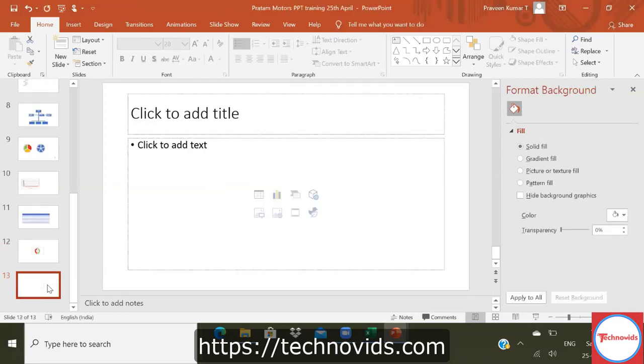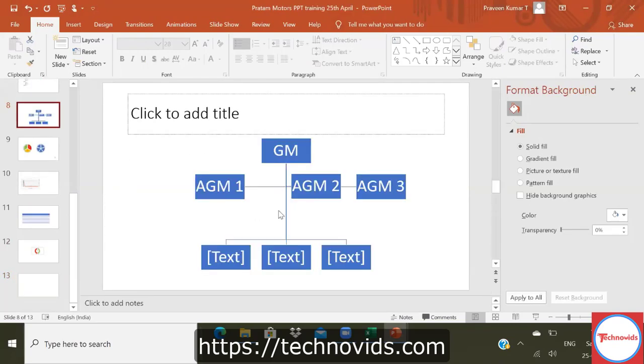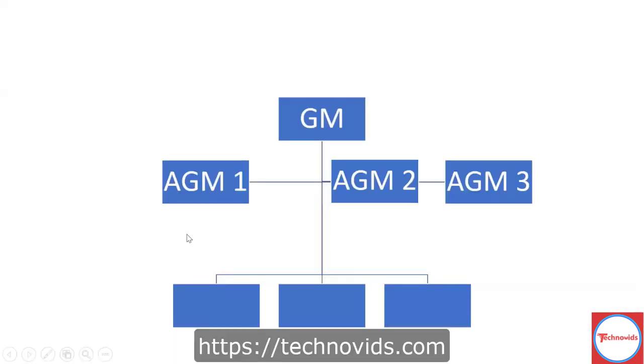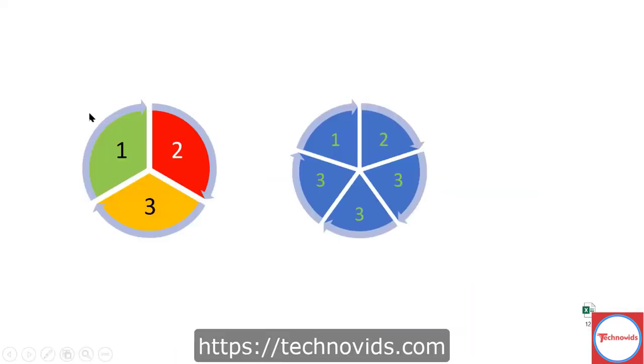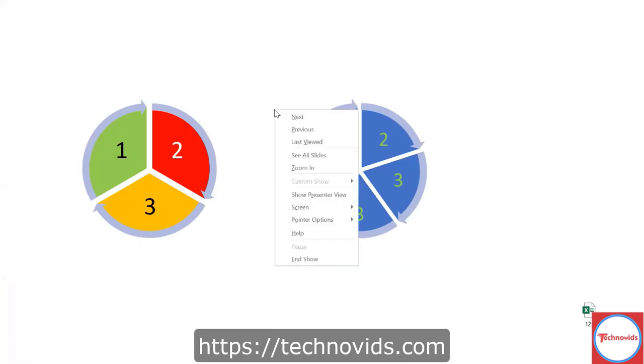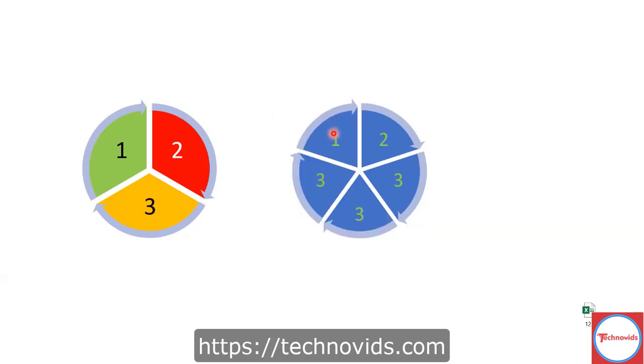Okay, so if I'm explaining this particular box, when I'm in slideshow mode, I just need to right click and click laser. So this will give a picture like a laser point.